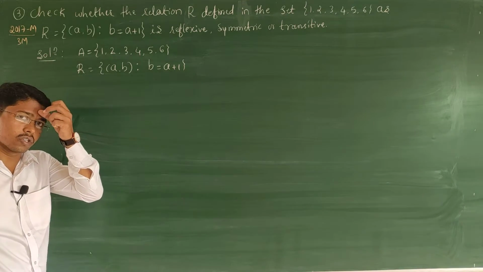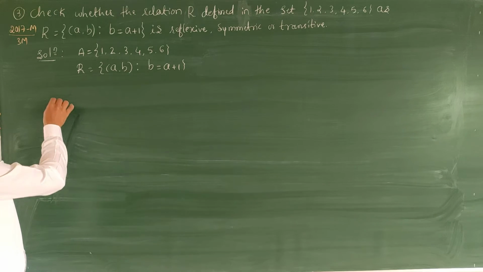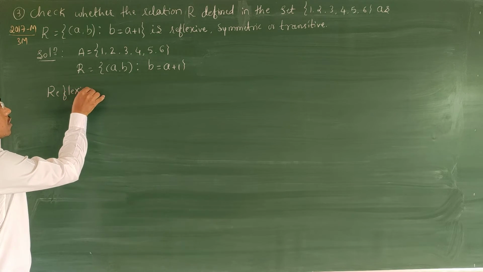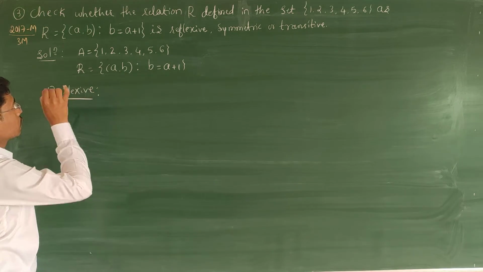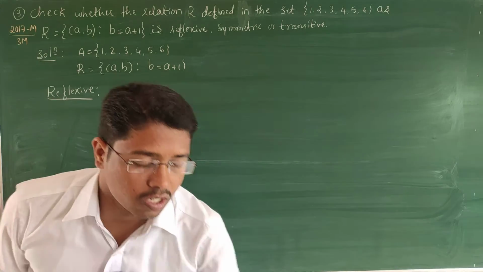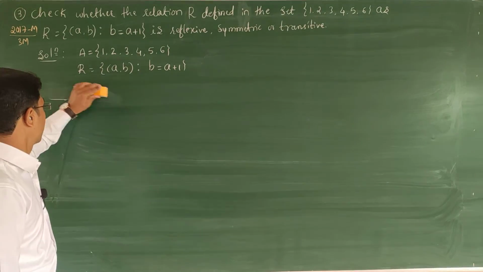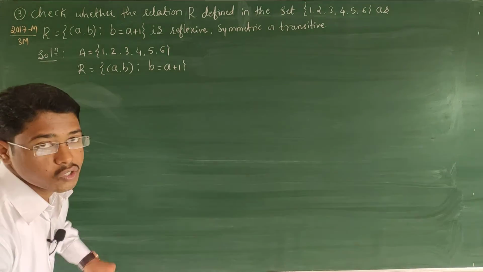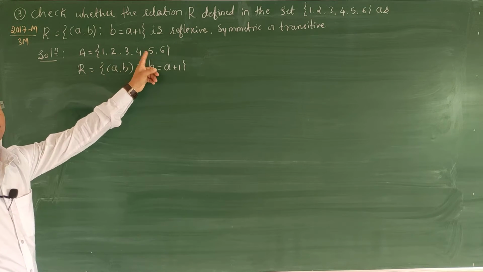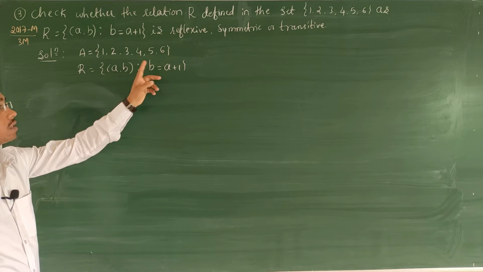It is a relation. Okay. So, to check whether it is reflexive or not, before that I will write the ordered pairs of the relation R, because it is a set of numbers 1 to 6.